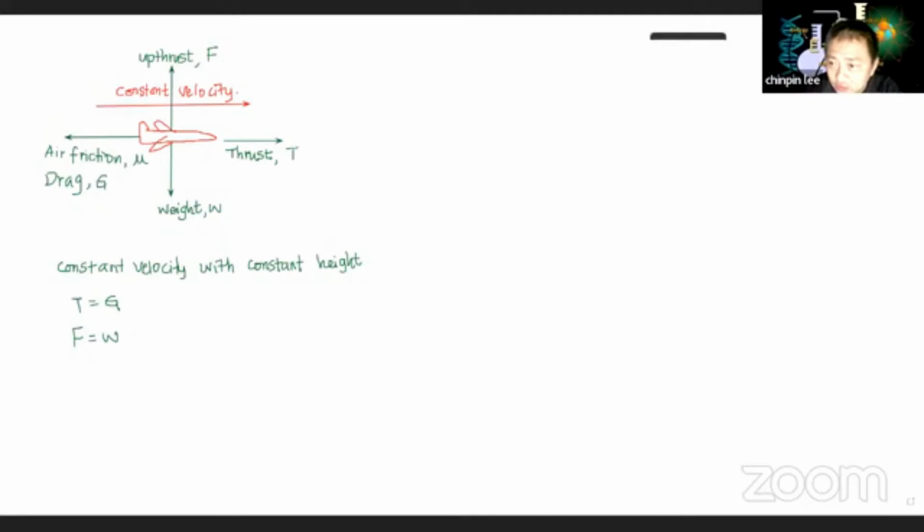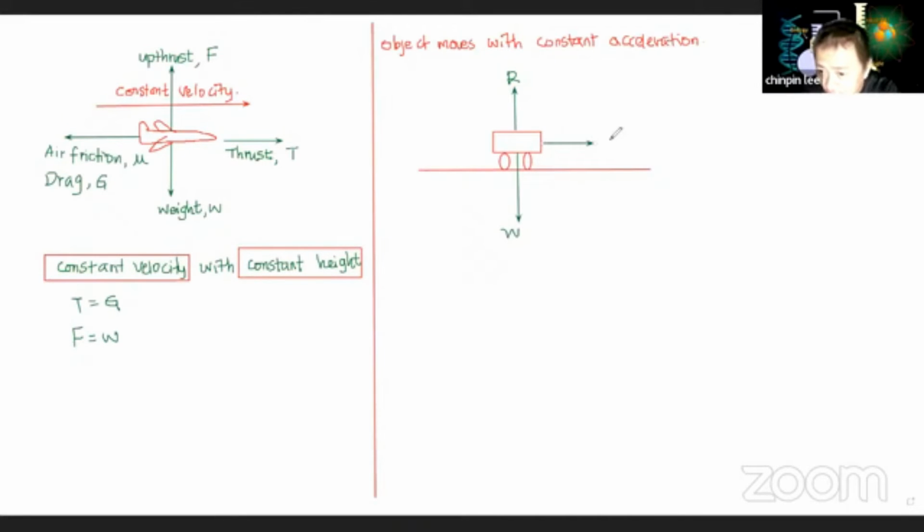When you see the words constant velocity at a constant height, forward thrust, this one is called friction. You see, this thing is accelerating. So it is not moving with constant velocity, it is accelerating. This one is not equilibrium anymore.